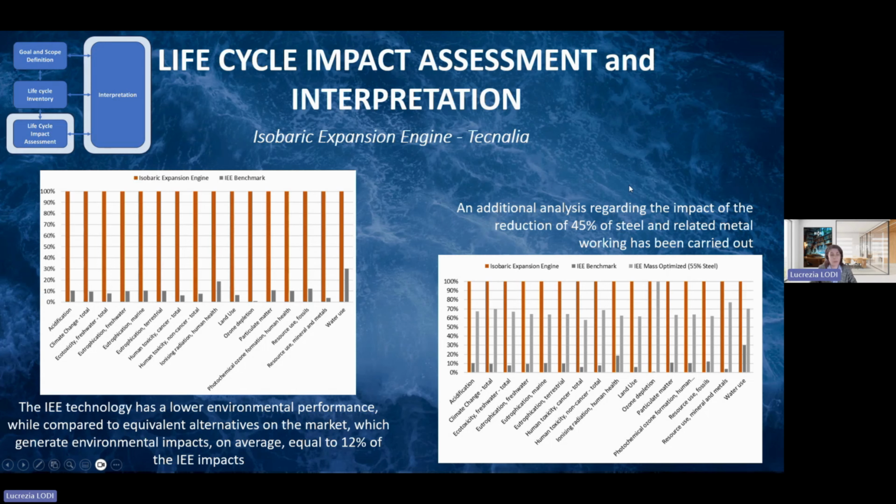So we discussed it with the technical provider, and they suggested a percentage of reduction for the steel, which is the material that most contributes to the environmental performance, and it is a reasonable value.